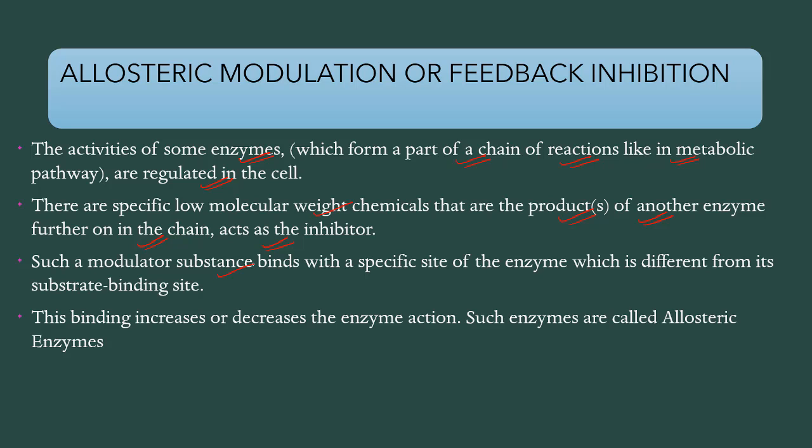Such a modulator substance binds to a specific site of the enzyme, which is different from its substrate binding site. That specific site is known as the allosteric site. This binding increases or decreases the enzyme action. Such enzymes are called allosteric enzymes.